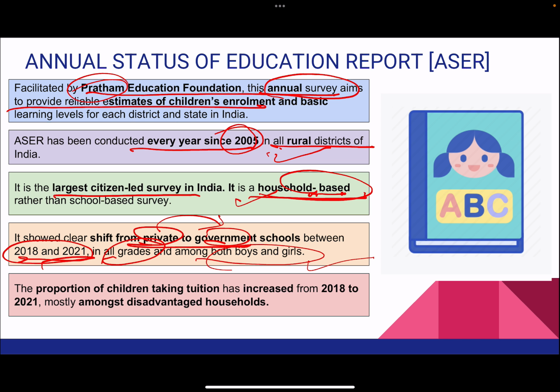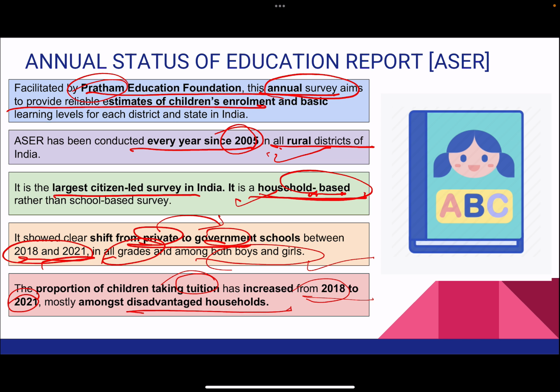And one more thing which came out from this report was the number of students who are taking tuitions along with their schools. That number also increased between 2018 and 2021, the same period. This has increased mostly amongst the disadvantaged households.